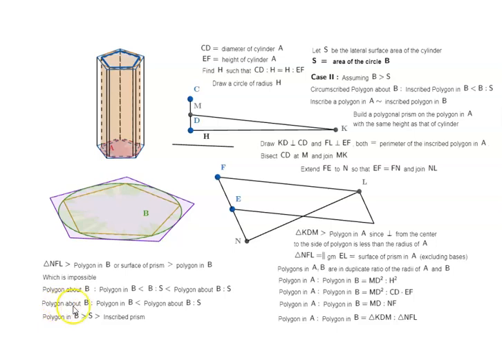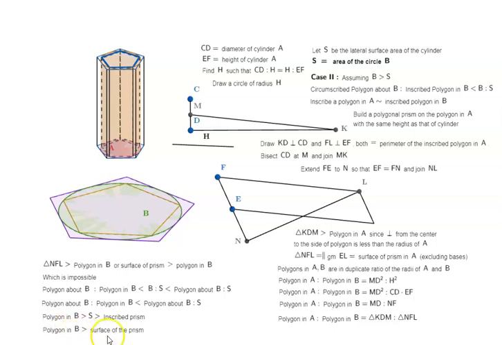Remember, see here, polygon about B, polygon about B. So the numerators of these two ratios are the same. So for this proportionality to be less than, polygon in B, that is the denominator, has to be greater than the other denominator. So polygon in B is greater than S, which is in turn greater than the inscribed prism.